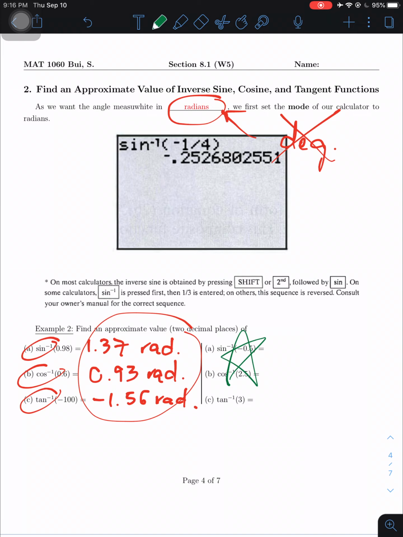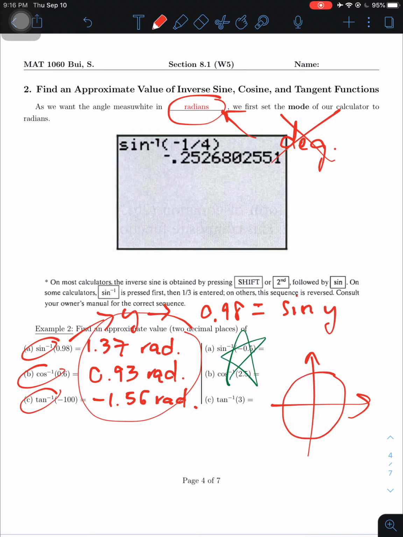And as for the meaning of it, what it means, why do we have to learn this, or why are we doing this? Well, if you think about it, this one in here will be y first, and then you're going to interchange it. So we're going to get something like 0.98 equals psi of y, right? And if you remember from the unit circle, for psi equals 1, we're going to have this top in here, because this one is 0 and 1, right?